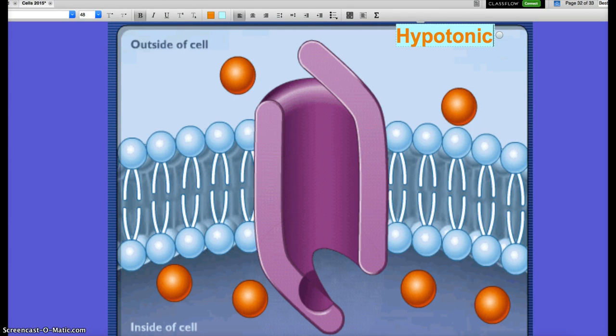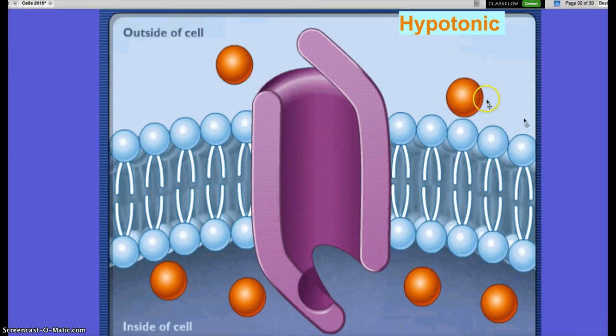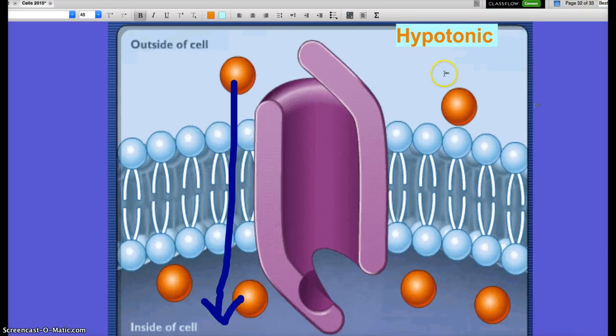Here's my next question. If I draw this right here, what type of transport did I just draw? Raise your hand if you could tell me that. Active. How do you know it's active?